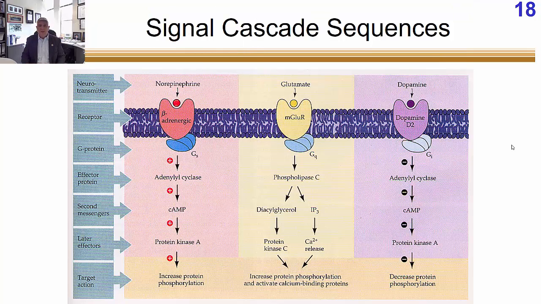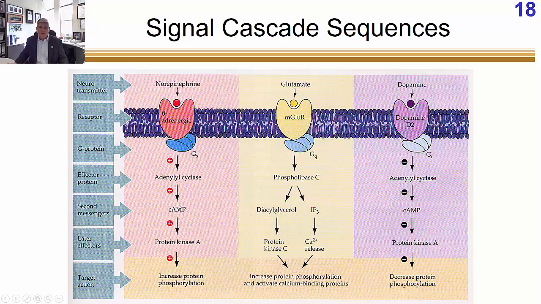All right, so why have these multiple sequences? Well, at each step of this system, you get amplification of the signal. So a G protein that's activated to adenylate cyclase, that G protein may activate 10 adenylate cyclases. Each one of those 10 adenylate cyclases may activate 10 cyclic AMP molecules.